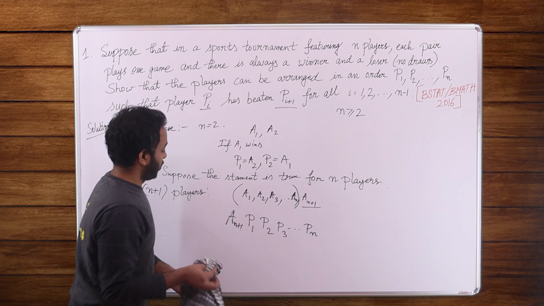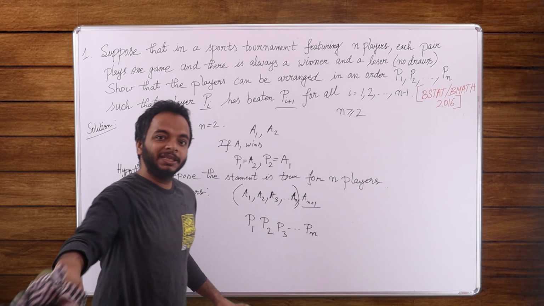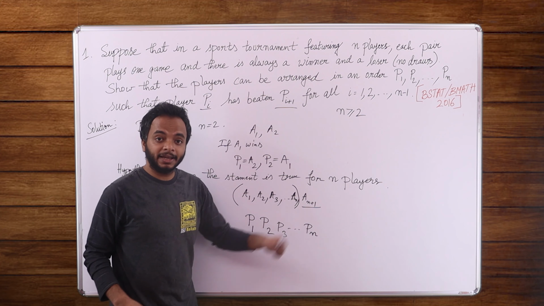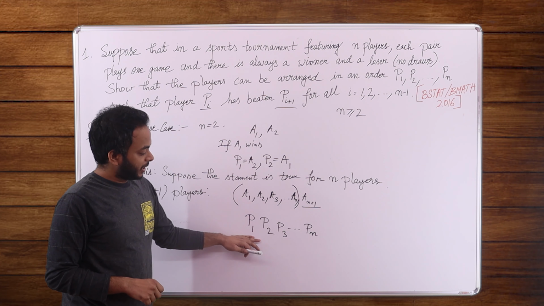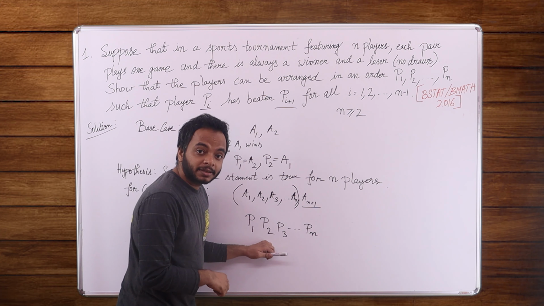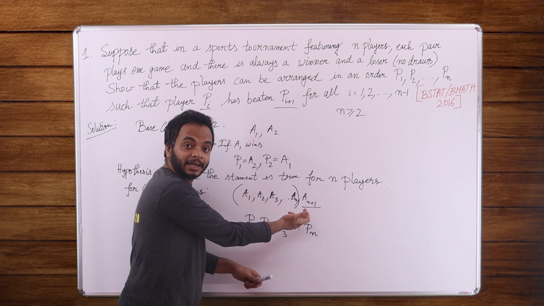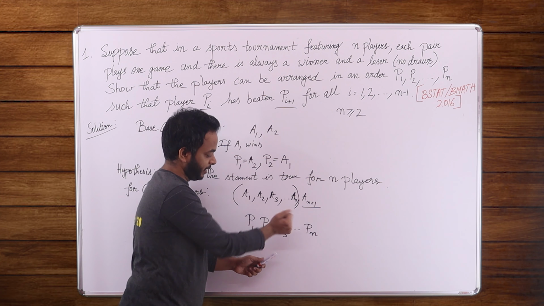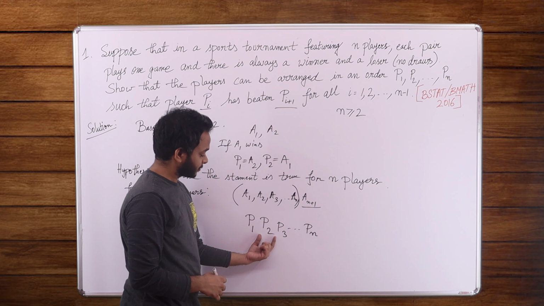Now suppose P1 says no, I have defeated the n plus 1th player. Then I'll go and ask P2 whether it has been defeated by A n plus 1.